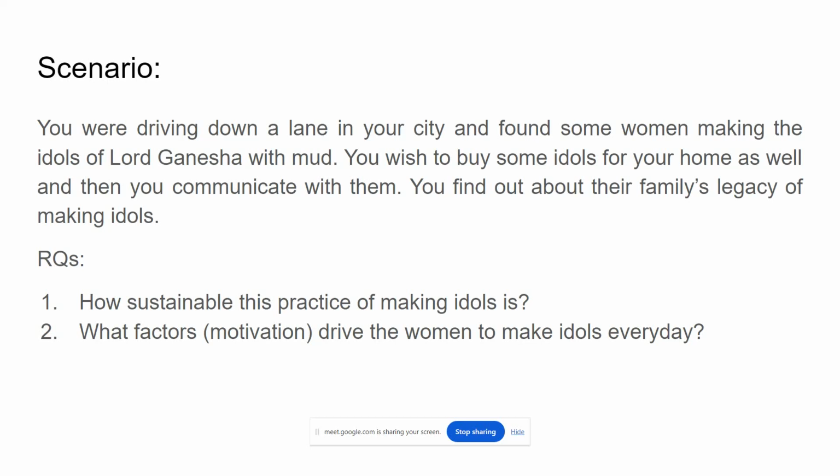They really need to earn money so that they can run their households, make their children educated and all that. So these factors will be again broad with respect to personal factors, social factors, and again this economic factor. But then in an ethnography we can clearly list down certain aspects, so that we're quite sure what we want to see.